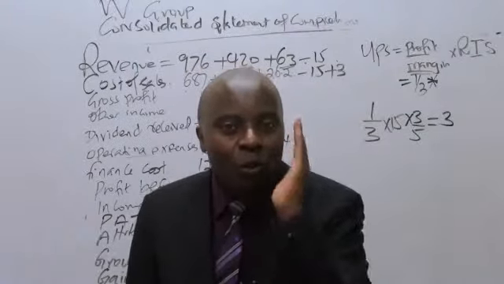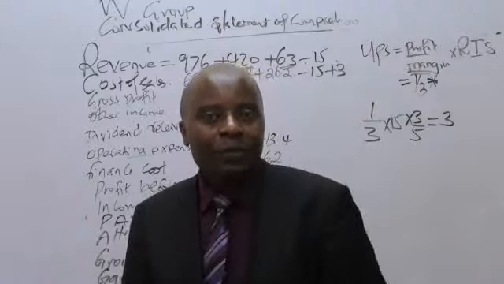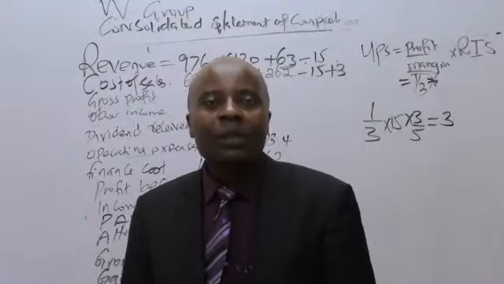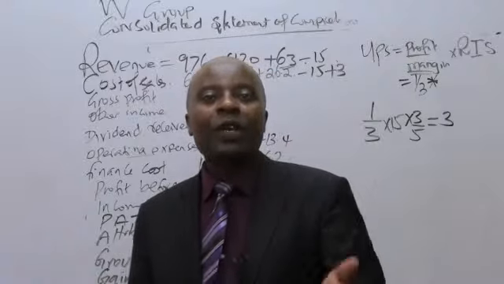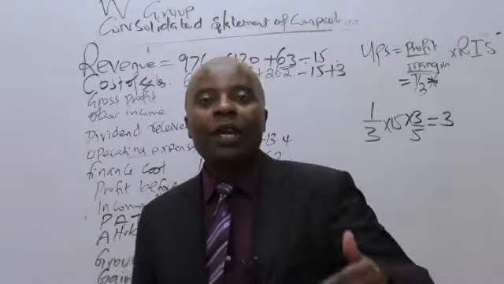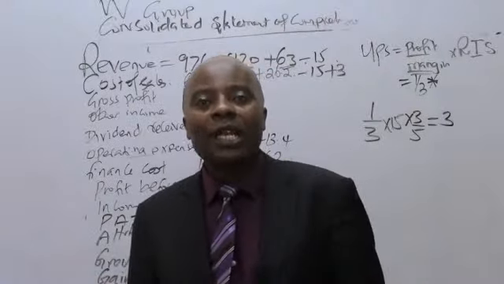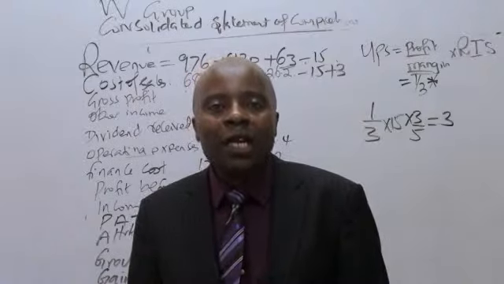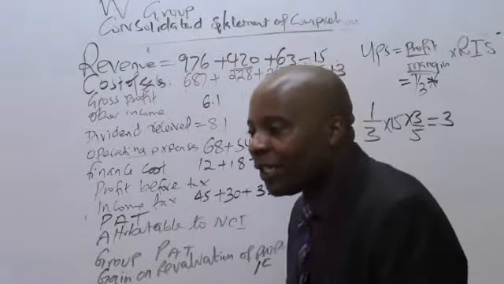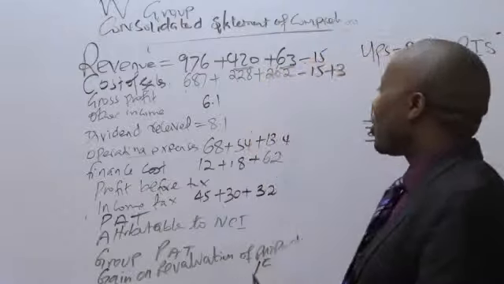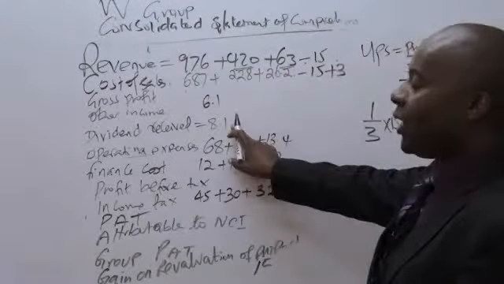The same with group accounts. If there is any income in the form of dividends that you have recognized from your subsidiaries, that dividend is fake. So please go to the dividends that you have there. You say minus what? It is even the dividend that this guy had recognized.